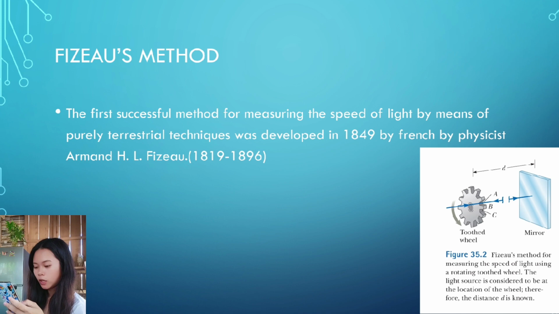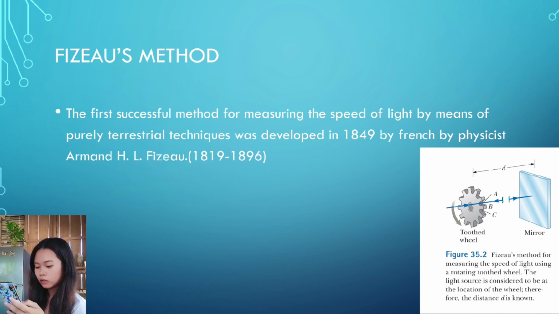For example, if the pulses travel toward the mirror and pass the opening at point A in figure 35.2, they should return to the wheel at the instant tooth B has rotated into position to cover the return path. The pulses would not reach the observer. At a greater rate of rotation, the opening at point C could move into position to allow the reflected pulses to reach the observer.